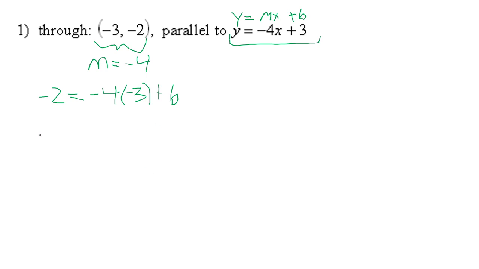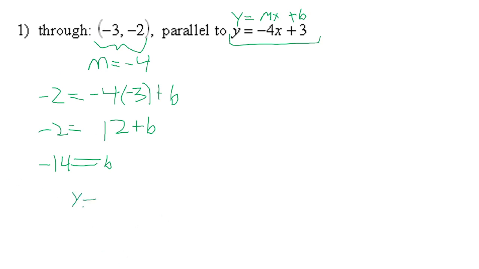So when we go through and start solving, we get -2 equals -4 times -3, negative times negative makes it positive. 4 times 3 is 12, plus b. Subtract 12 from both sides, we get -14 equals b. And then our last step is we have to rewrite the equation back as y equals mx plus b.